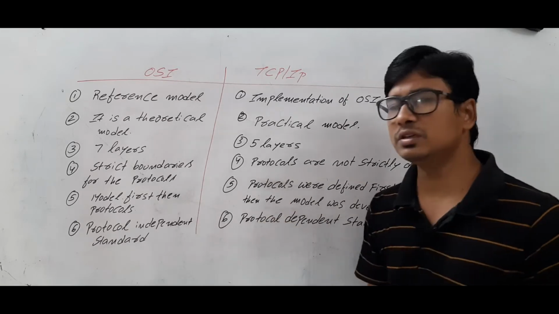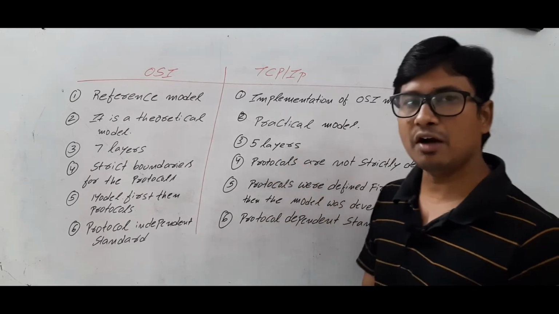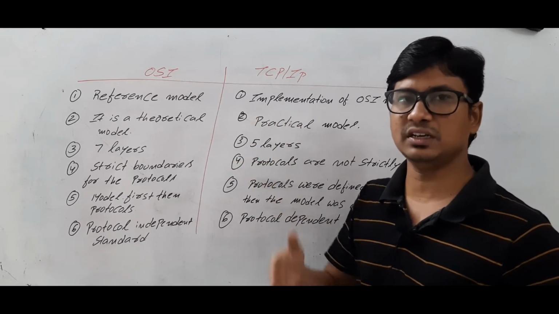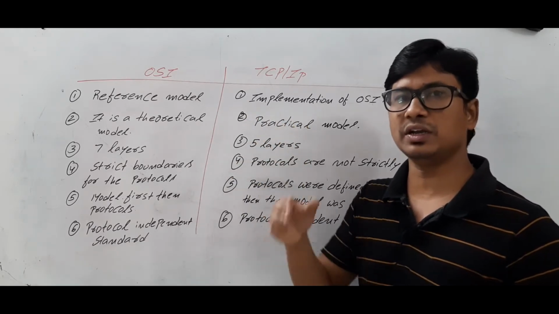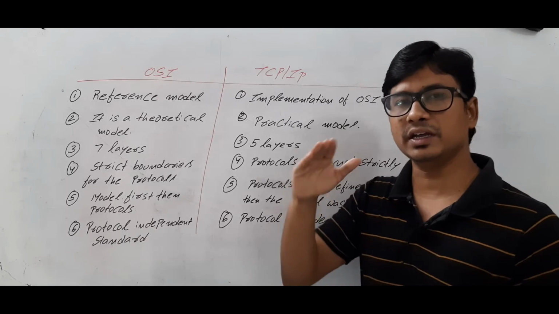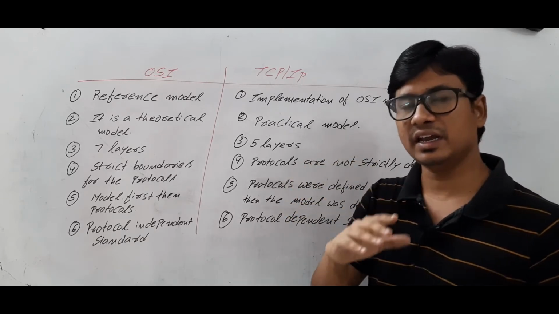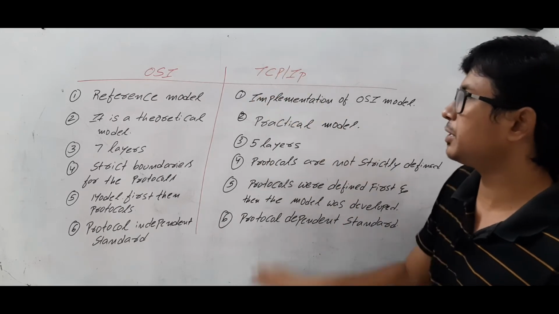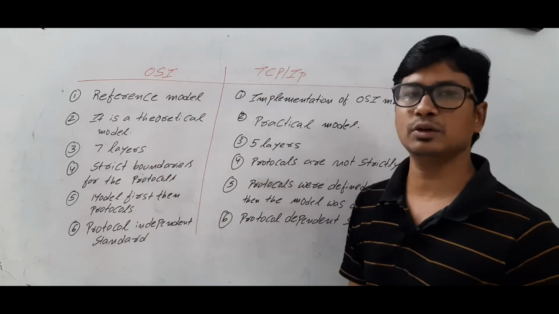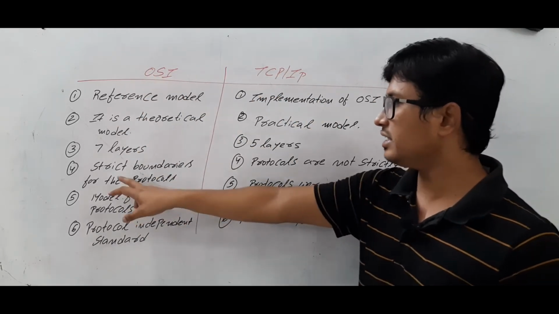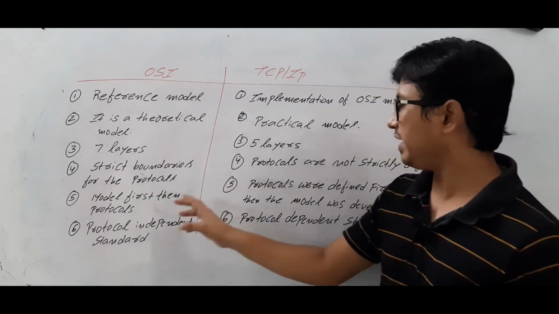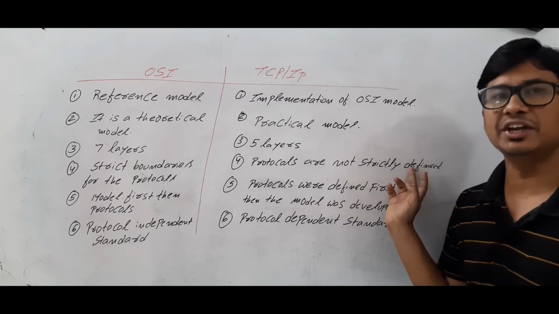When it comes to the TCP/IP model, we have 5 layers: the application layer, transport layer, network layer, data link layer, and physical layer. So totally we have 5 layers in the TCP/IP model and 7 layers in the OSI model. In OSI there are strict boundaries for the protocols, whereas in TCP/IP protocols are not strictly defined.